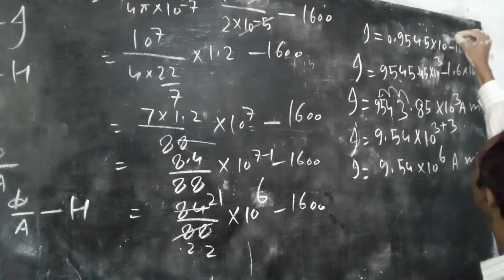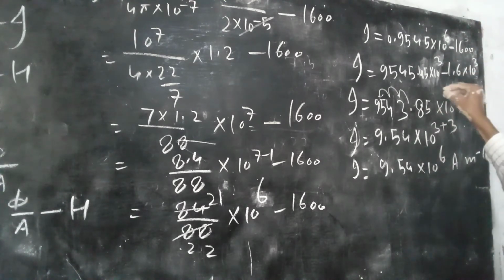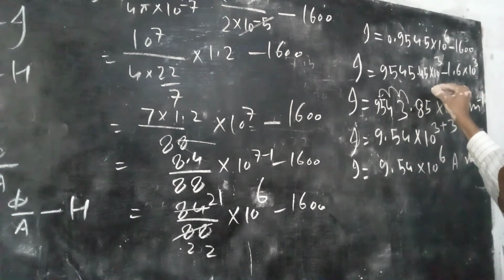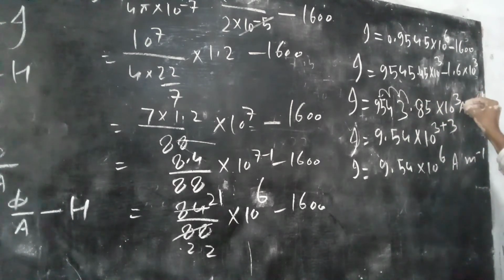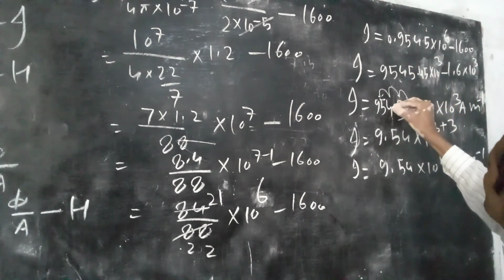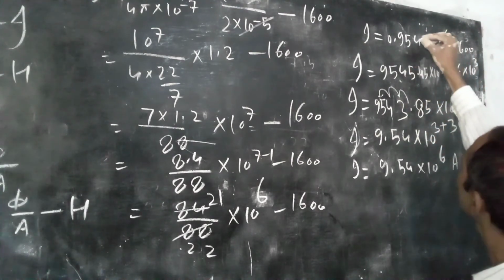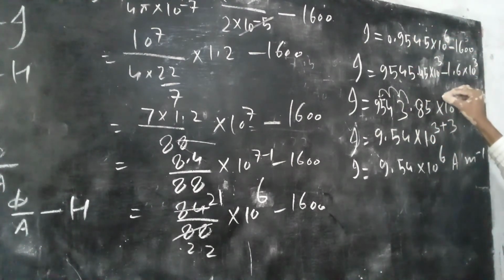If 6, then this becomes... now you shift 3 digits, then you get 95.45.